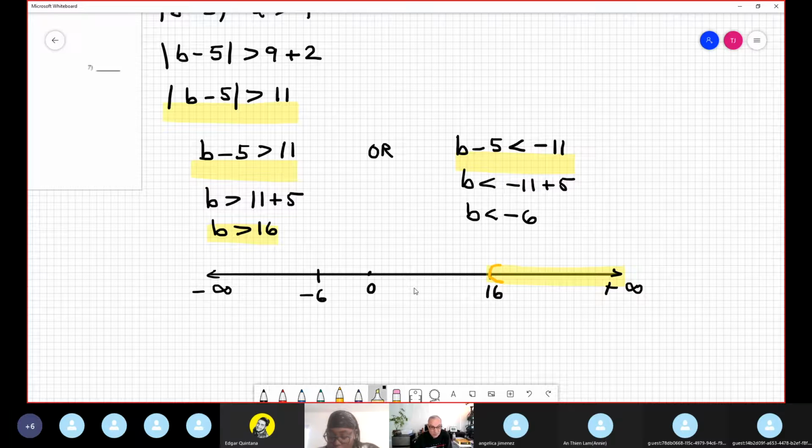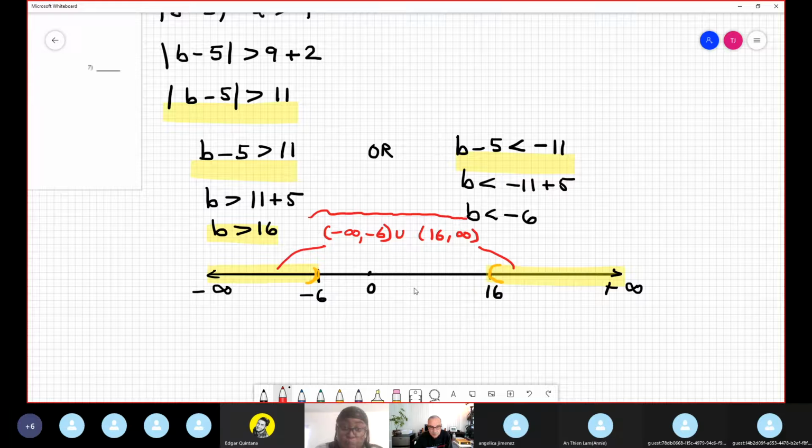And less than negative 6 is in that direction, again not included. So that part is from negative infinity, comma, negative 6, parentheses, union, 16, comma, infinity. And this is my final answer.